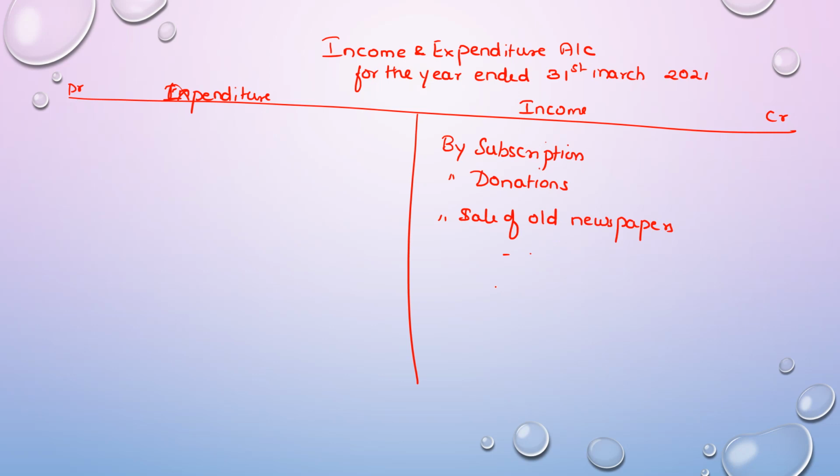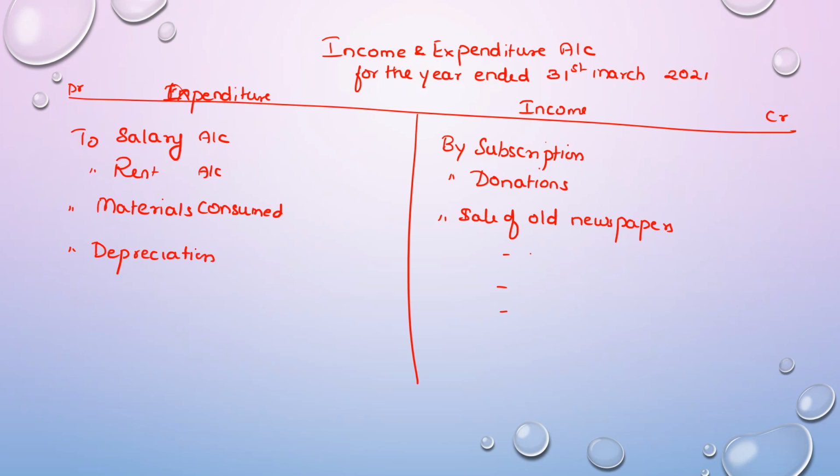On the expenditure side, as we have seen in today's video, there will be several items here. You would have the materials consumed during the year. Then you would have the depreciation charged on the assets. Then you would have the audit fees and other miscellaneous expenditures that would be debited here.